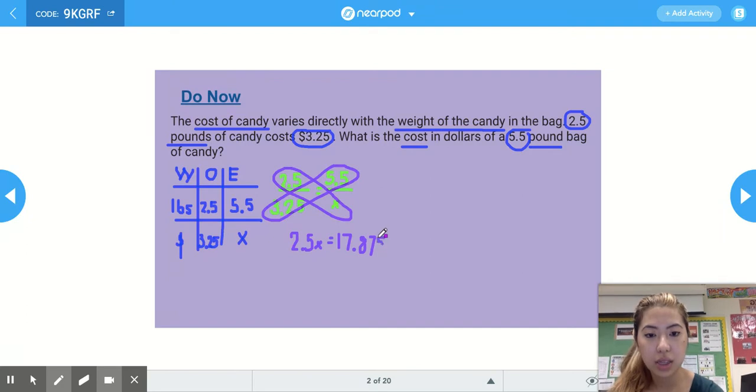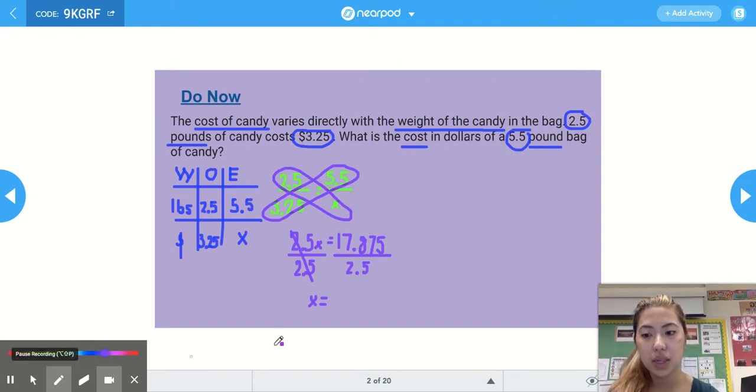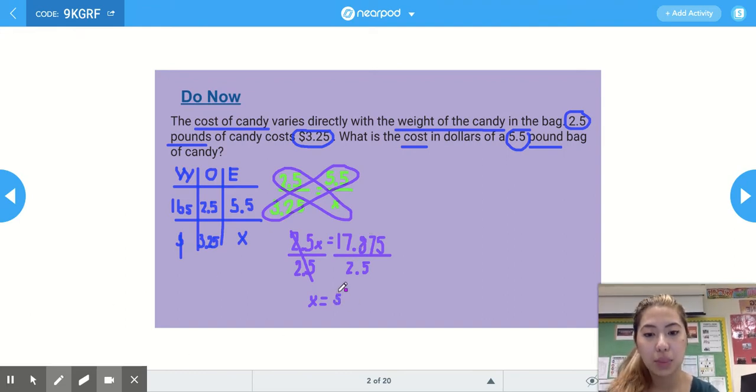Now to get the X alone, we're going to have to get the 2.5 to the other side. Right now we're multiplying by 2.5, so we're going to do the opposite to move it over, and that is dividing. So we're going to divide both sides by 2.5. 2.5 divided by 2.5 is 1, so we can cross those out and we're left with X. Then we have 17.875 divided by 2.5, and that is 7.15.